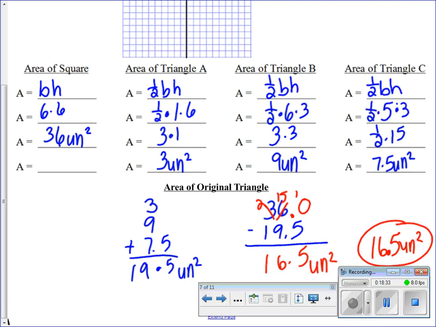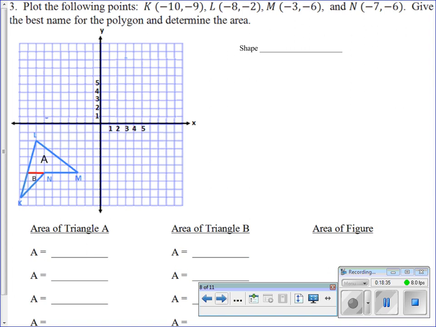Now let's take a look at number 3. What kind of a shape is number 3? Number 3 is a polygon. How many sides are there? 4 sides, so it is a quadrilateral.